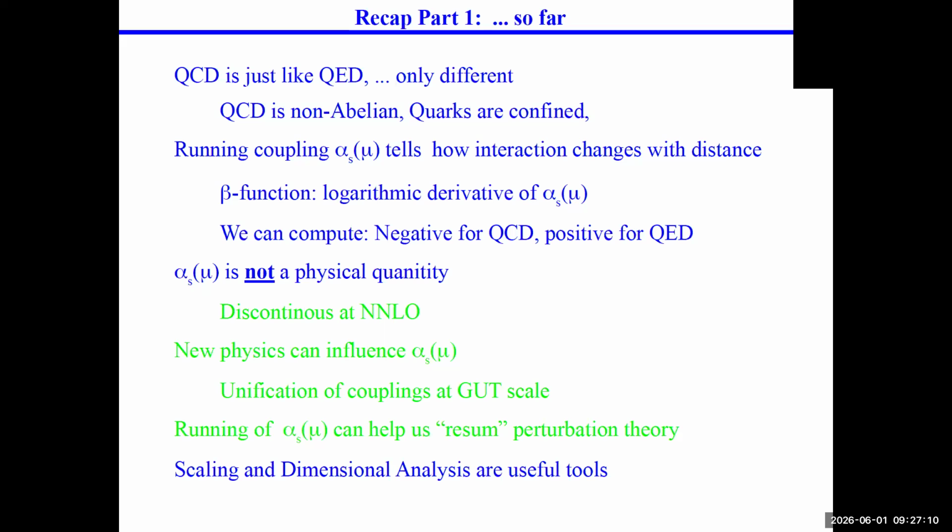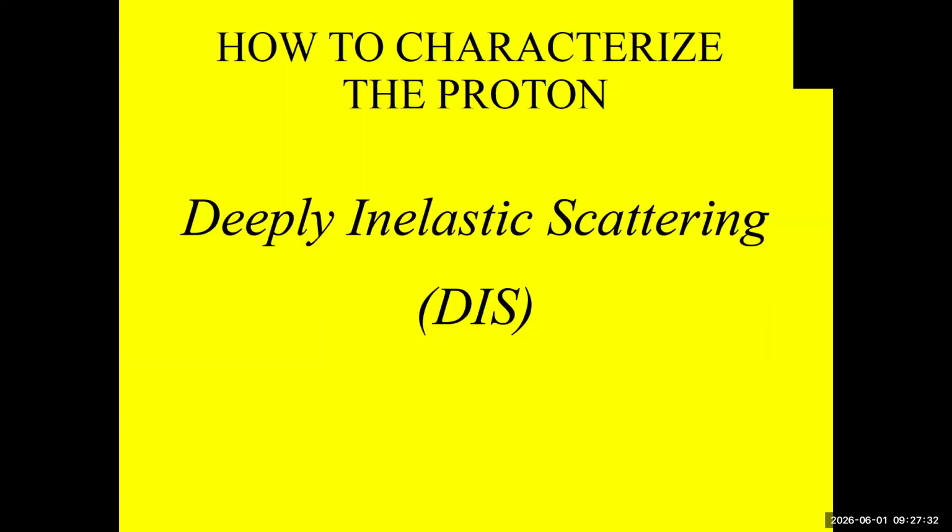I've skipped over the beta function and some of these things, but I can put these in separate slides. But the main thing is the scaling and dimensional analysis is very useful, because this is what gives us a clue that we can model the proton in a simple way as, to first order, a bag of free quarks. So let's try to go a little bit further and characterize the proton.